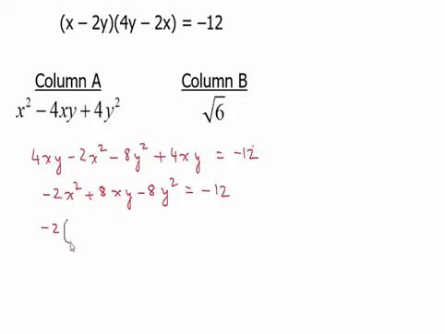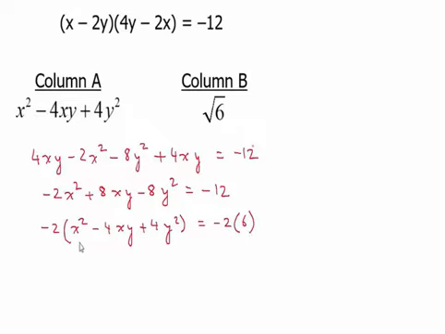Let's go ahead and do that. Negative 2 times x squared, positive 8 divided by negative 2 is negative 4, so minus 4xy. And negative 8 divided by negative 2 is positive 4, plus 4y squared, is equal to negative 2 times 6. That's negative 12.